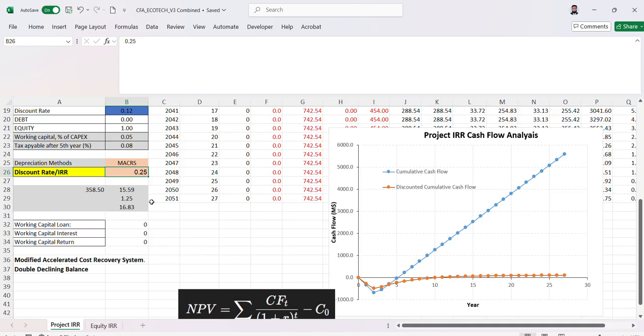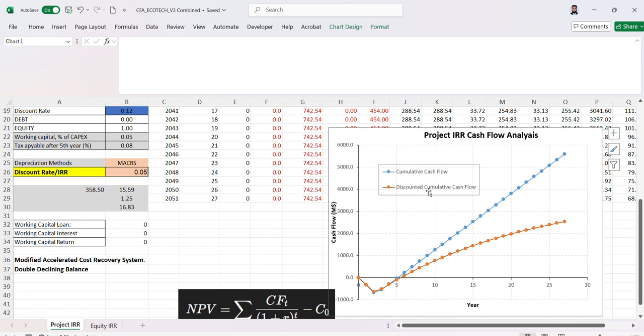Let us start from 0.05, that means 5% IRR. If it is 5% IRR, you can see within 5 years, like 5 years and a few months, let us assume 6 years, in discounted cumulative cash flow, which is in orange, we can be on the positive side of the cash flow.